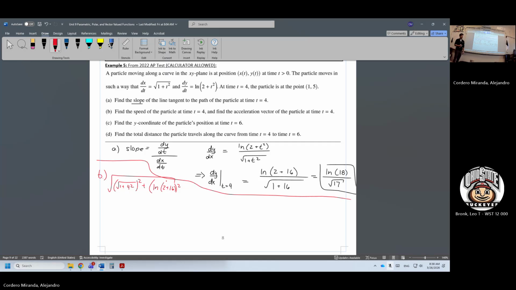Okay. And again, you guys know you could leave it here, or you can make it look a little bit nicer and say that's going to be 17 plus the natural log of 18 all squared, like that.